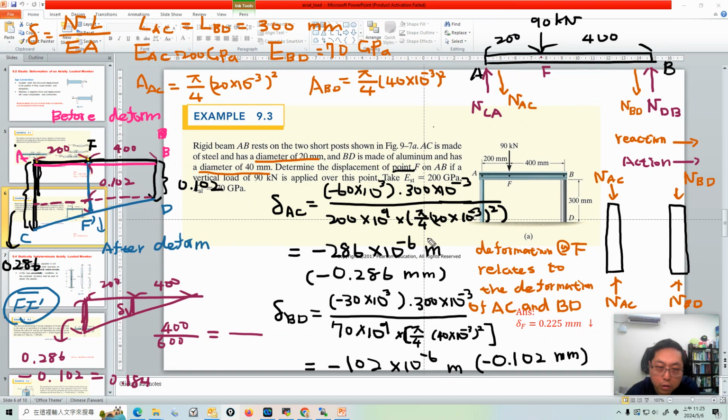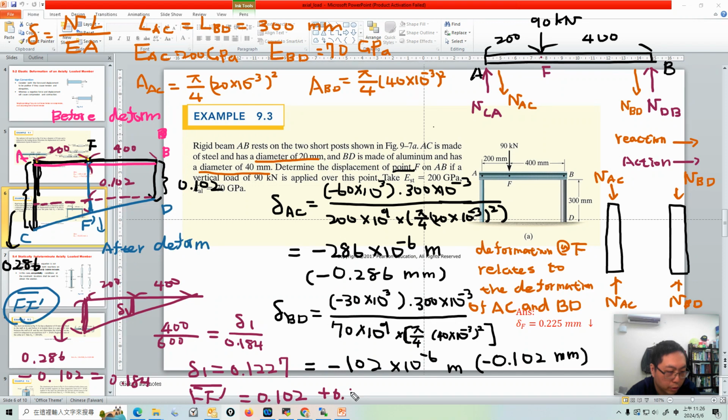Delta 1 is 0.184 times 400 divided by 600, which is equal to 0.1227.